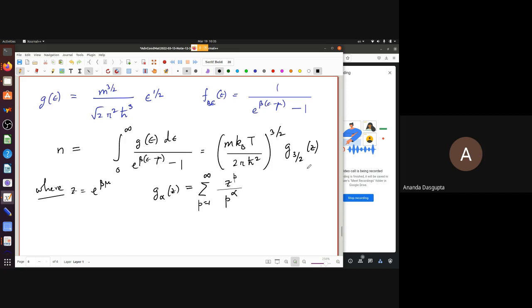So in particular, what we have is the sum with p running from 1 to infinity of z to the p by p to the 3 by 2.